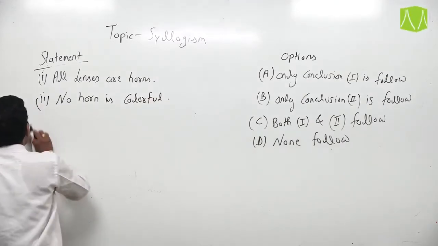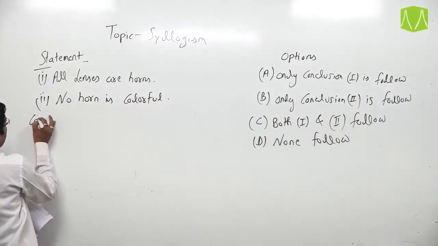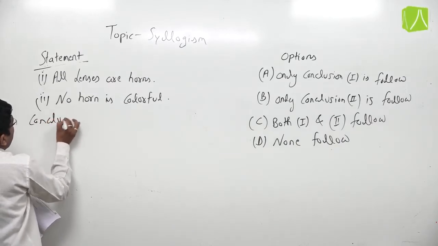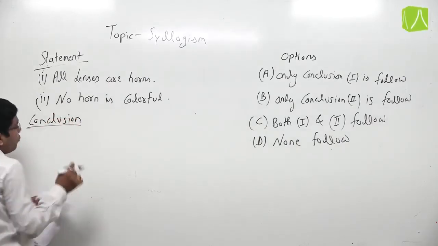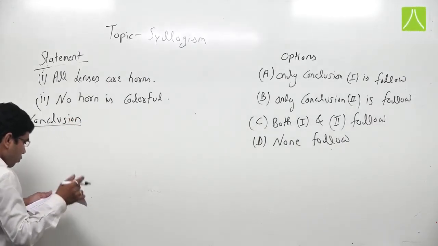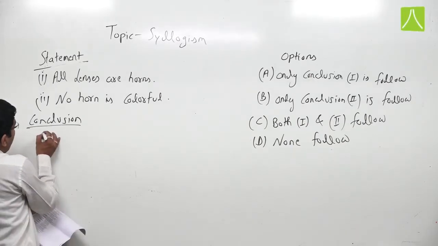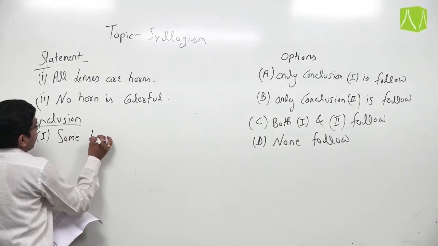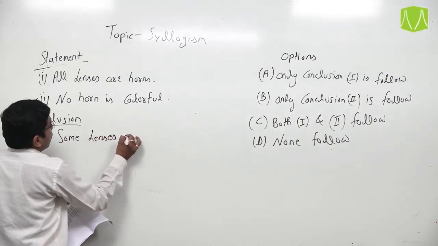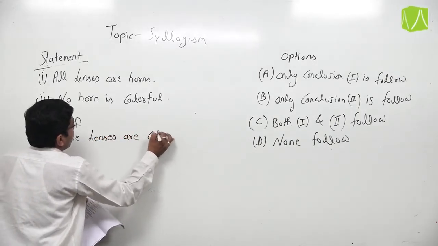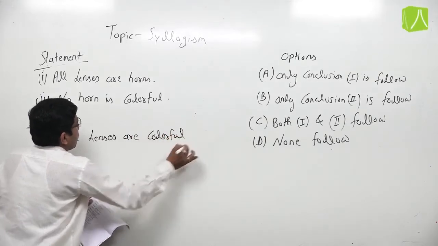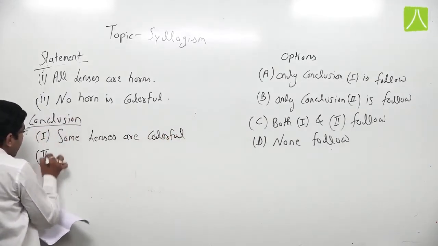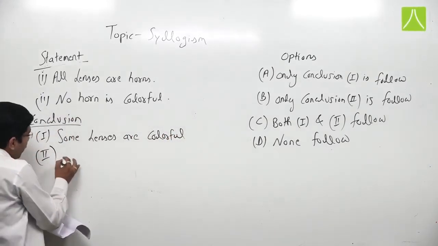On the basis of these two statements, we have to find these two conclusions. First conclusion: some lenses are colorful. Second conclusion: no lens is colorful.